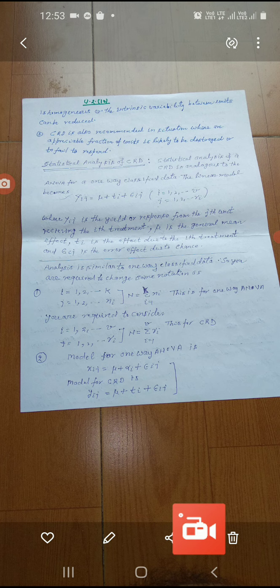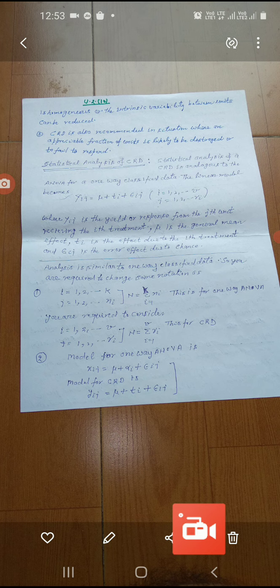The linear model becomes Yij is equal to mu plus Ti plus epsilon ij, and in one-way analysis of the data, we have taken Xij is equal to mu plus alpha i plus epsilon ij. Here i is equal to 1 to V and j is equal to 1 to Ri.